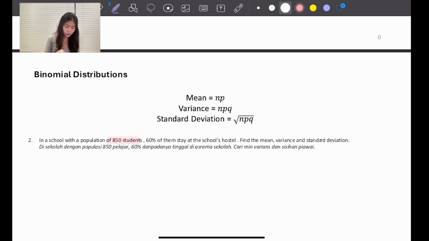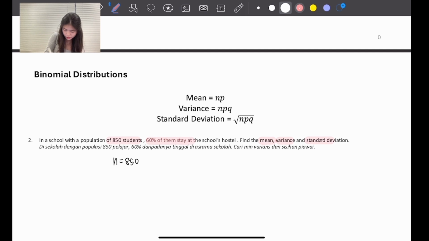In the question previously, we didn't use the number 850, but now we are finding the mean, variance, and standard deviation for the entire school, so we will use this total number. So n is equal to 850.